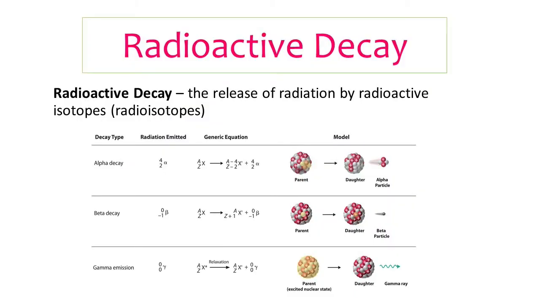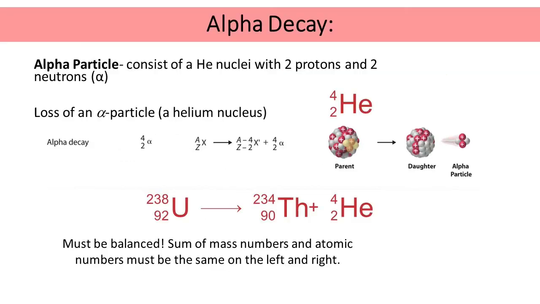Radioactive decay is the release of radiation by radioactive isotope. So we have alpha decay, beta decay, and gamma decay. Let's figure out how it functions, okay? Alpha particle consists of helium nuclei with 2 protons and 2 neutrons.